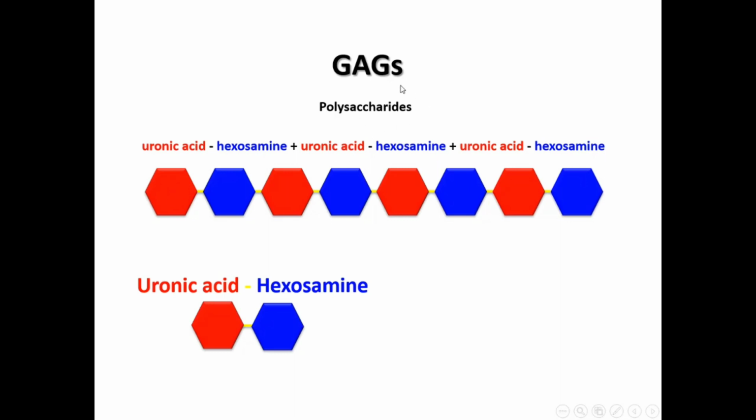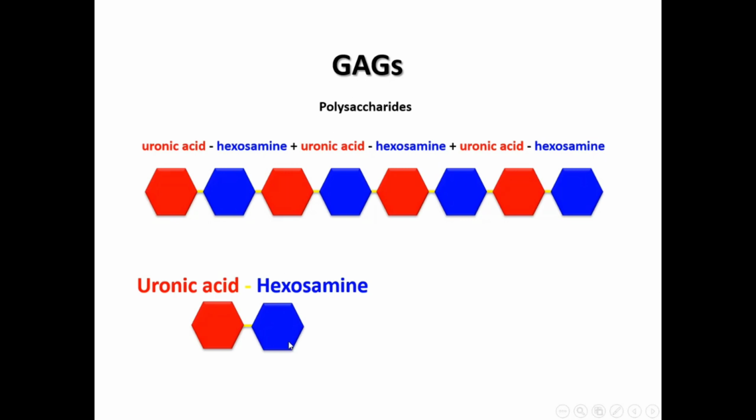So the GAG consists of repetition of one disaccharide. Disaccharide means two sugars. I showed the disaccharide here with two hexagons, one in blue and another in red, and you can see the repetition of this disaccharide.